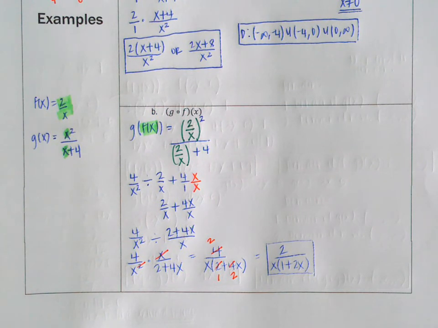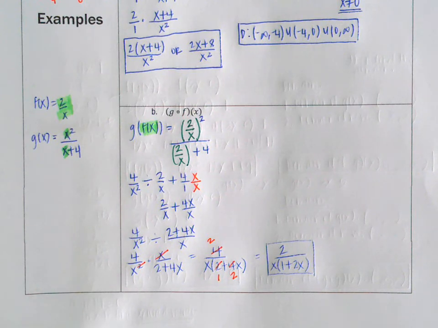Okay, so last thing we have to do is find the domain. If you're here, I want you to pause me here and think about the domain on your own. Think about what the domain of the composite function is going to be.